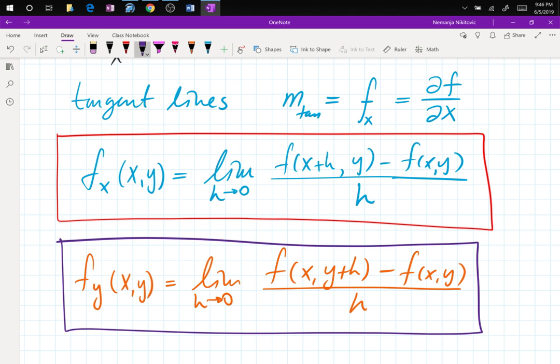So you have some kind of shape like that, and then you go cut it, and the trace of the cut on the surface of the object, and now you can find the tangent line. So that's what these partial derivatives provide. They give you the tangent line, but only in the x direction and y direction.